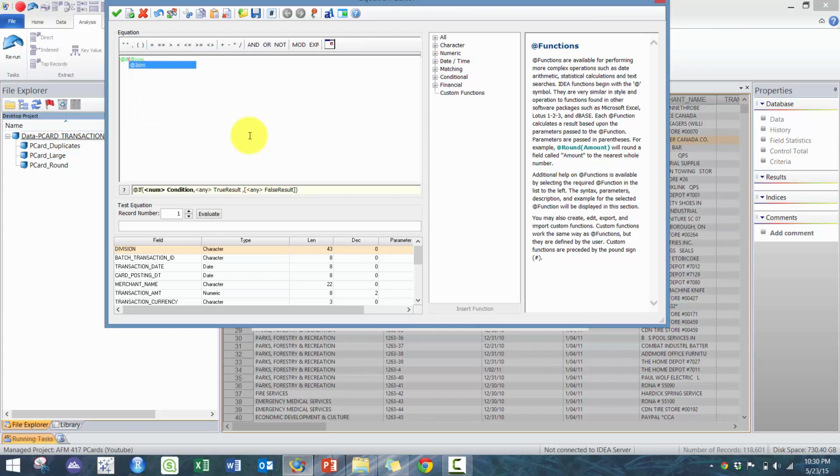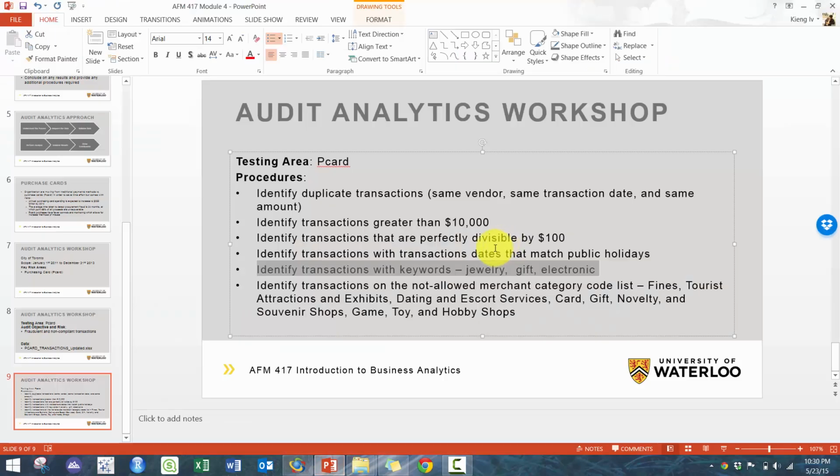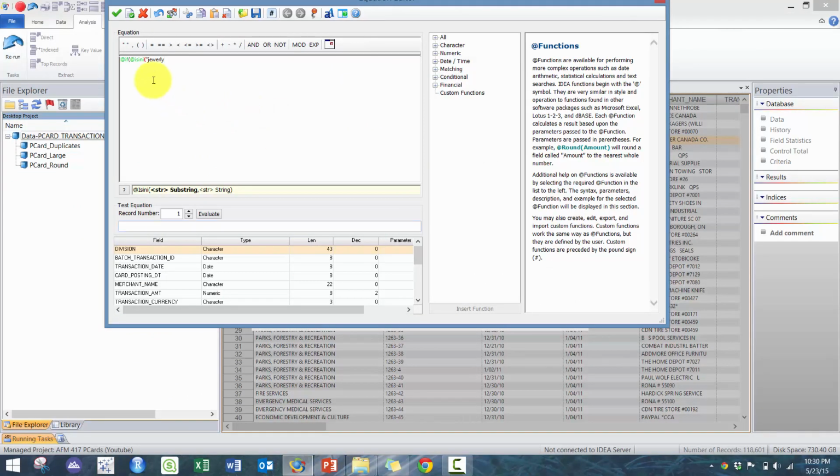What is any does is it basically looks for the keyword within the string. So in this case, I'm looking for the word jewelry, regardless of capitalization. If you don't include the I1, then it will be case sensitive.